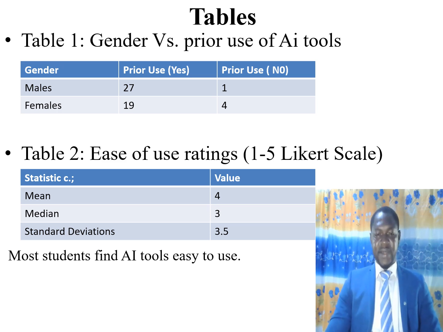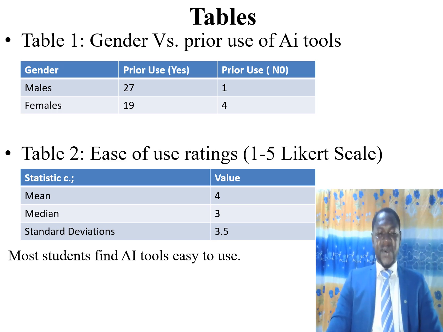Only one male said no. Interestingly, 19 females said yes to the prior use of AI tools, while 4 of them responded no, showing that most men use AI tools more than females from my survey.